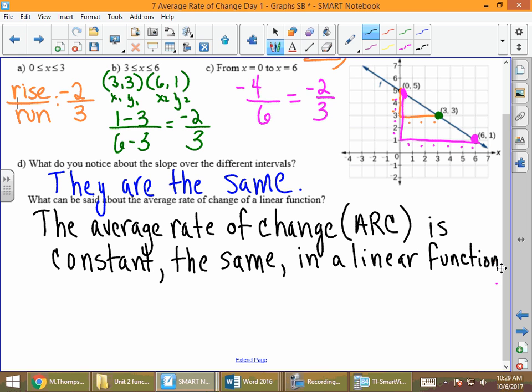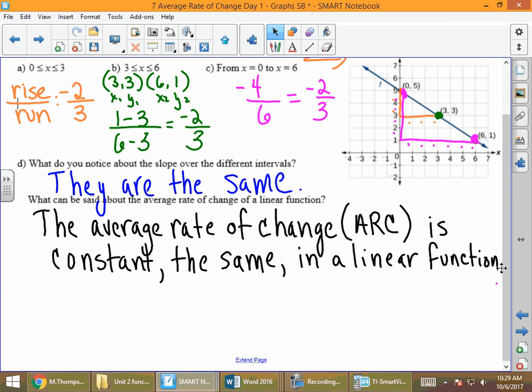The average rate of change is constant, which means the same, in a linear function. Every single time we calculate the average rate of change, also known as the slope, of a line, we should get the same value. We might have to reduce a fraction at some point, but we should get the same value.